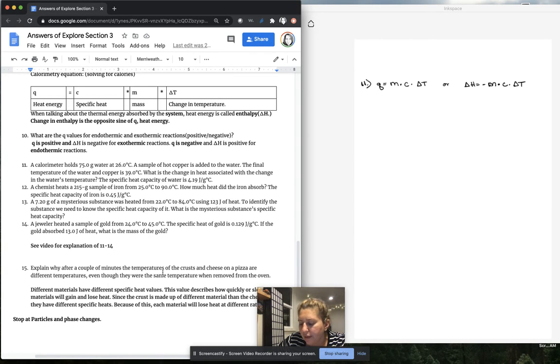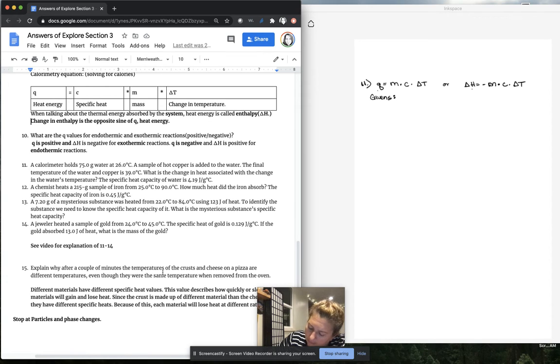Notice that if Q is positive, our delta H is going to be the negative version of that same exact equation.